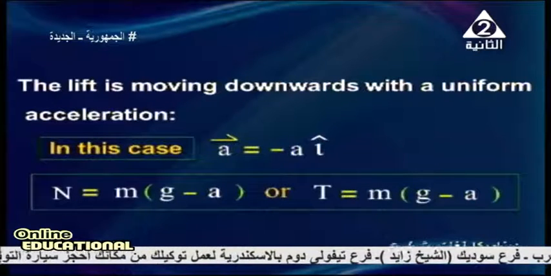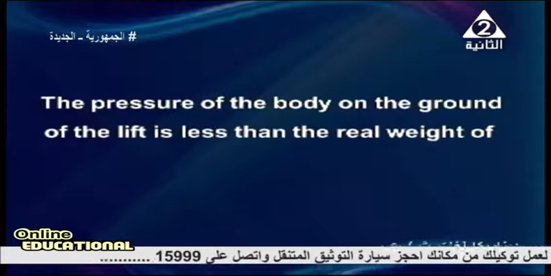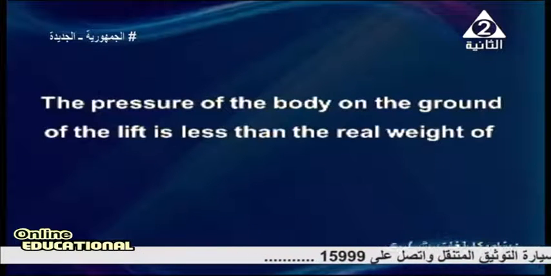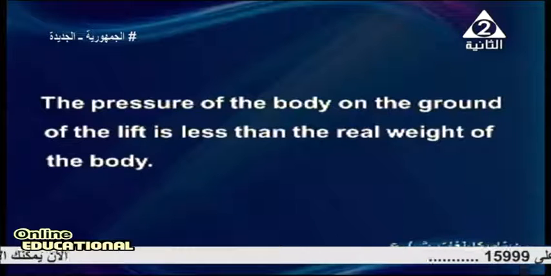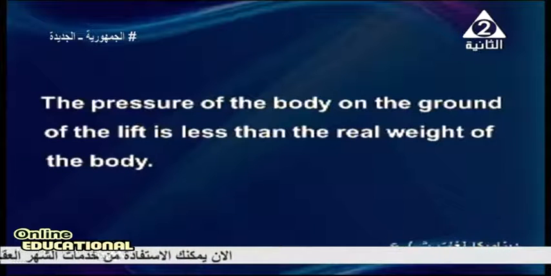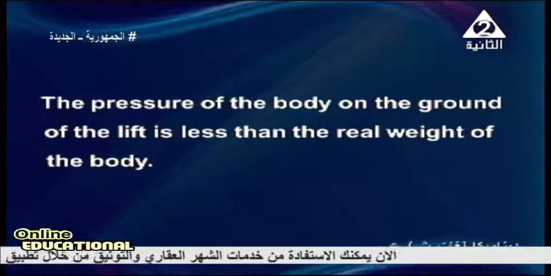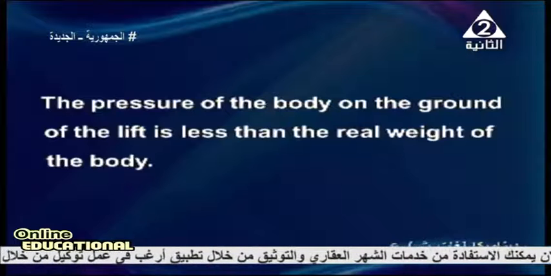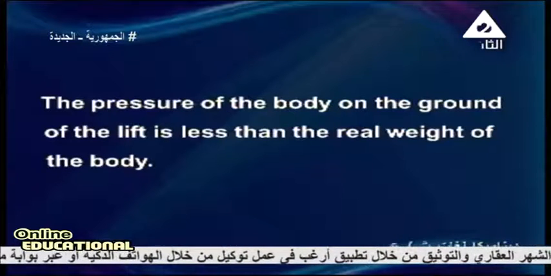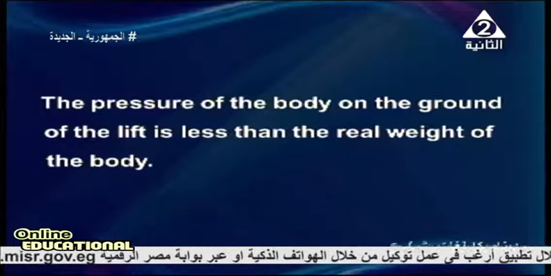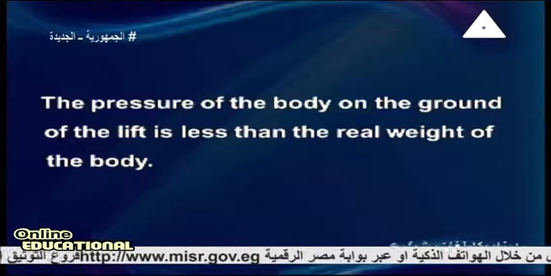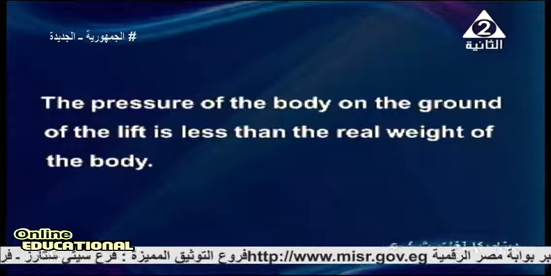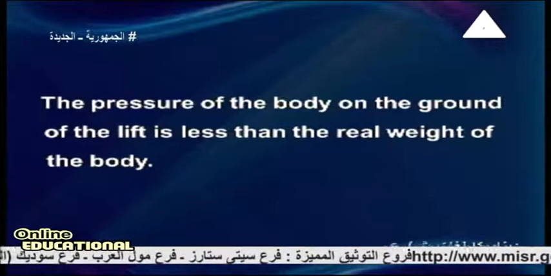We notice that the pressure of the body on the floor of the lift is less than the real weight of the body. Now we have three cases: the lift at rest or moving with uniform velocity, the lift moving upward with uniform acceleration, or the lift moving downward with uniform acceleration.